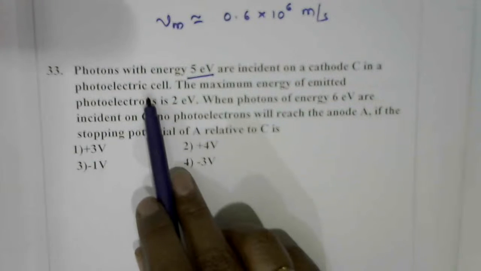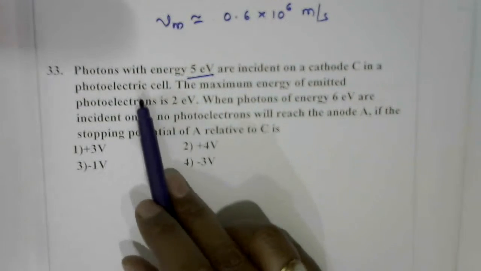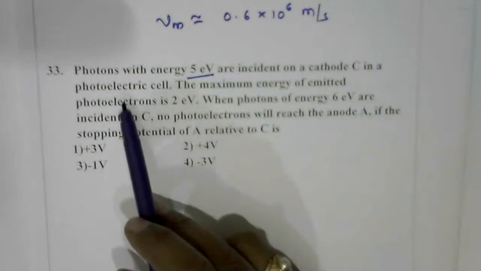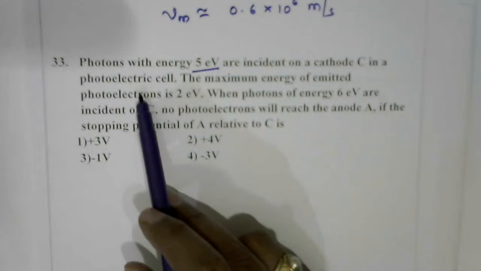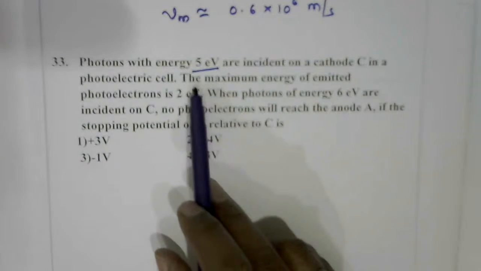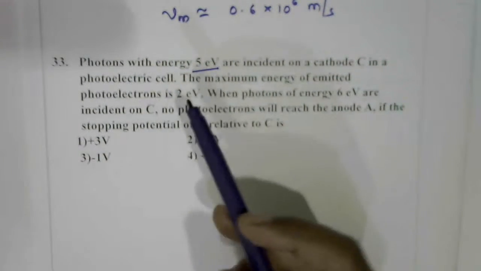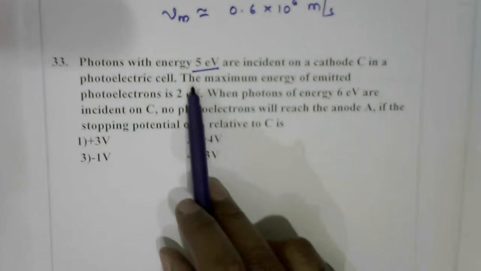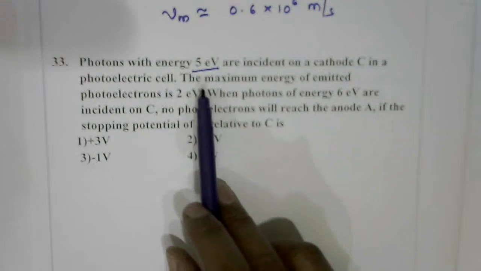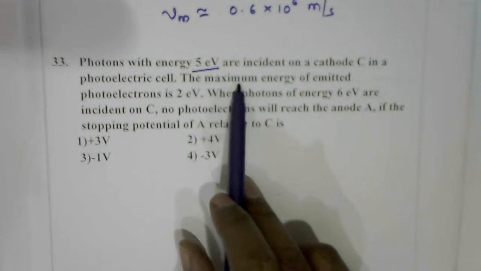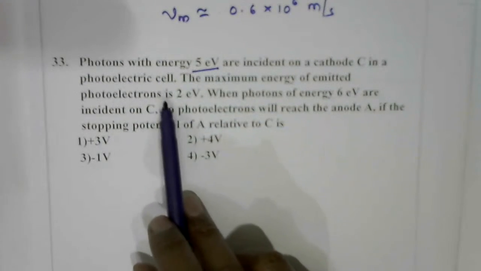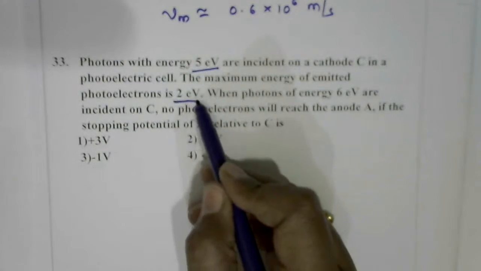You know it's an application of the photoelectric effect, used in many appliances, which works with electromagnetic radiation on the photoelectric effect principle. The maximum energy of the emitted electrons is found to be 2 electron volt.